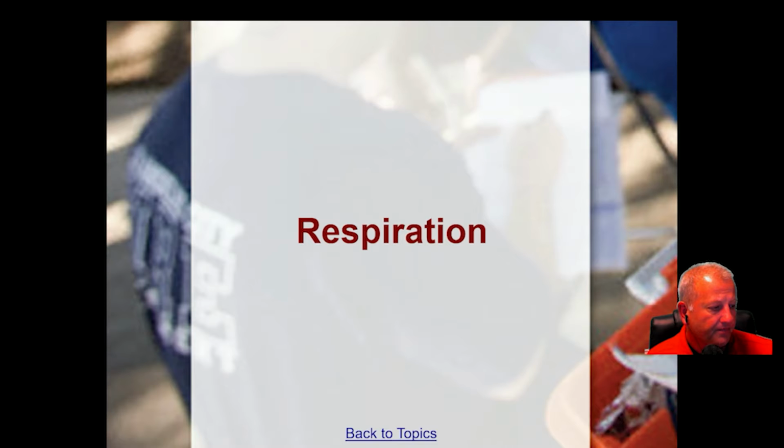Physiologically, the term respiration refers to the gas exchange process that occurs between the alveoli or cells and the capillaries. So there's a gas exchange process that you learned in Chapter 7 or 8 possibly, that occurs at the alveoli.